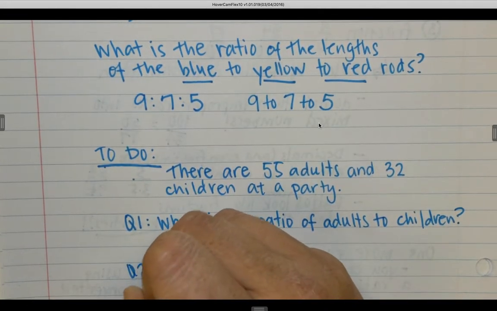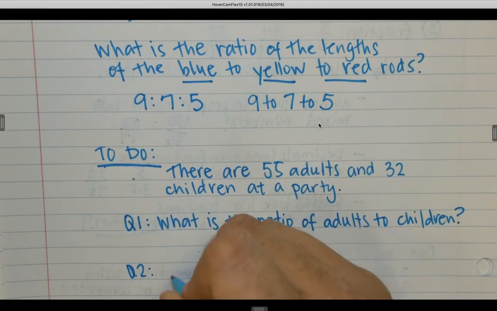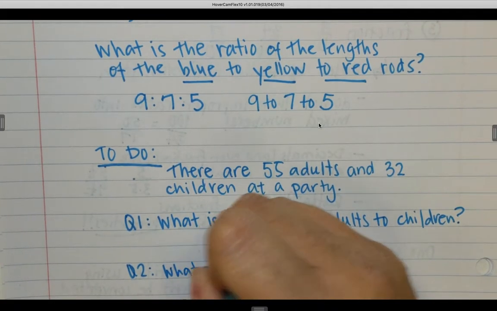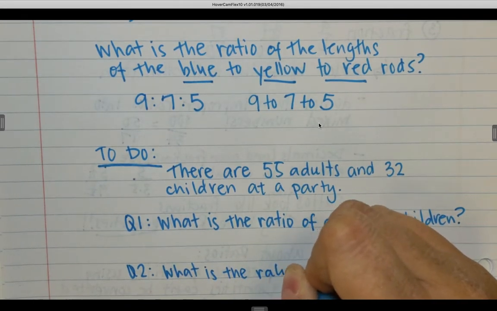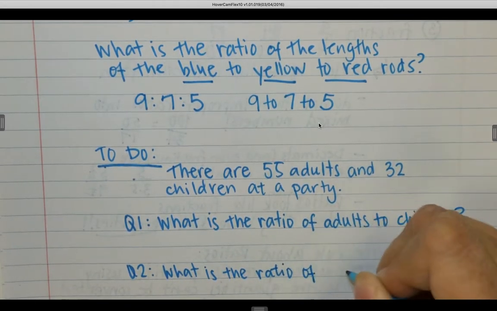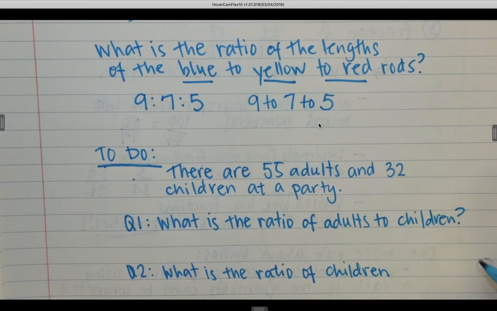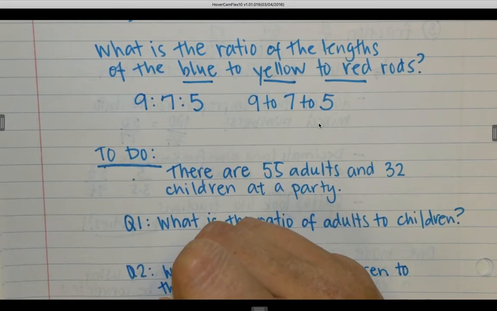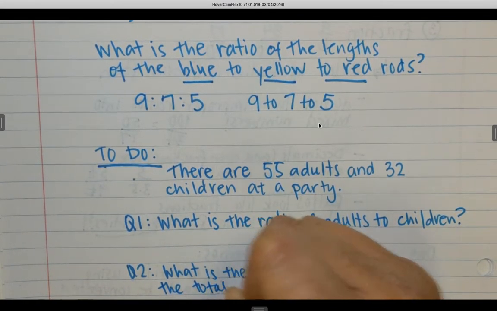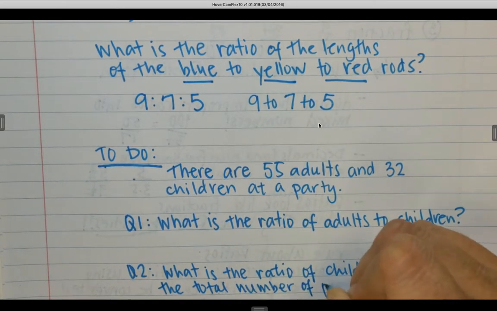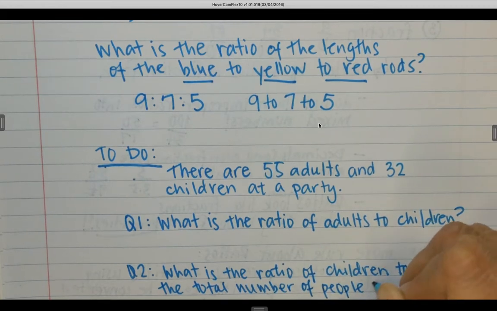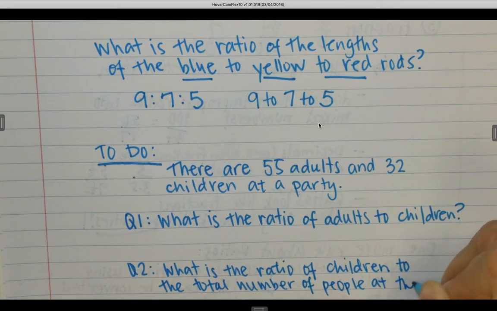And question 2, what is the ratio of children to the total number of people at the party?